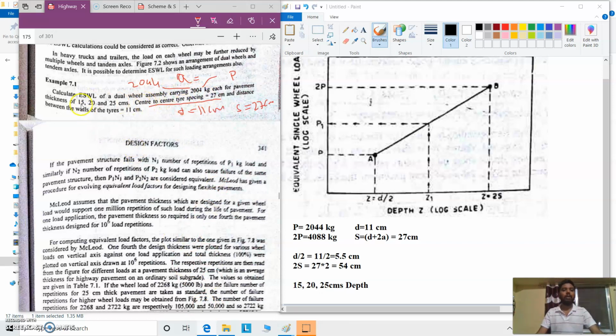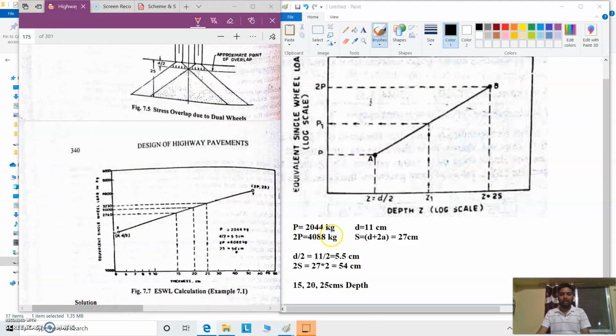In this problem we may have to analyze the total stress or total load by this dual wheel assembly at 15 centimeters of depth, at 20 centimeters and at 25 centimeters of pavement depth, right? So the data is given: the total load of the wheel assembly is 2044 kgs.